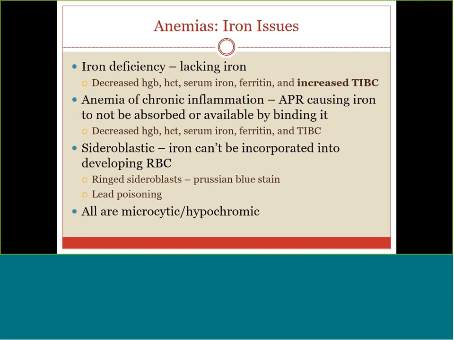And so that's the name ringed sideroblasts. If it is lead poisoning, the other big thing you would see would be basophilic stippling. All right, again, all three of these are in the microcytic hypochromic category, with the exception that anemia of chronic inflammation can also fit into the normocytic normochromic category.